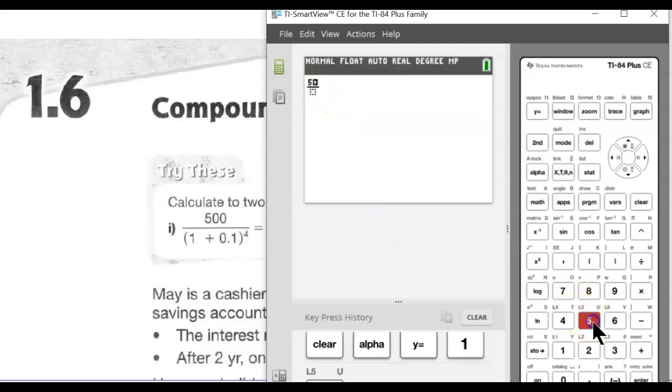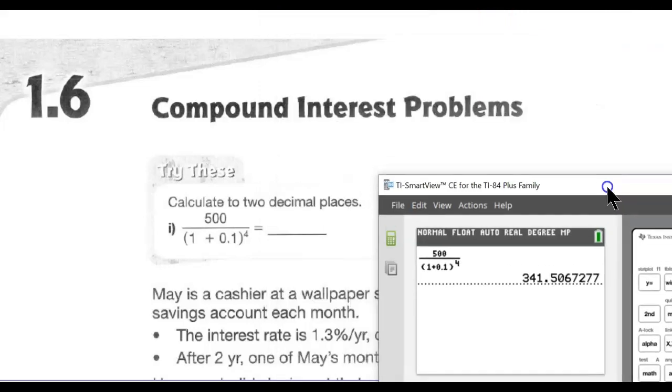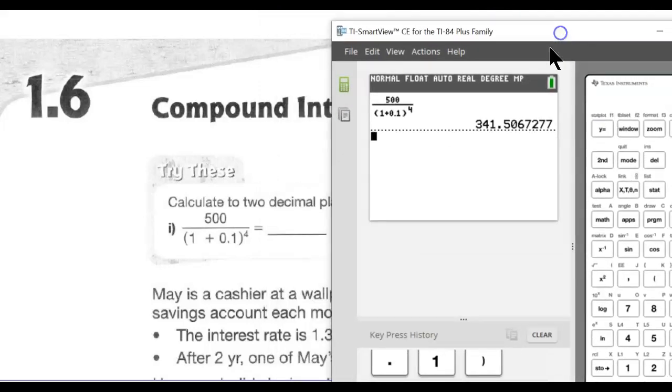So I'll enter 500, cursor down, bracket 1 plus 0.1, close the bracket to the exponent 4, and then enter on that. Okay, and these are money questions, so that's why it says 2 decimal places.